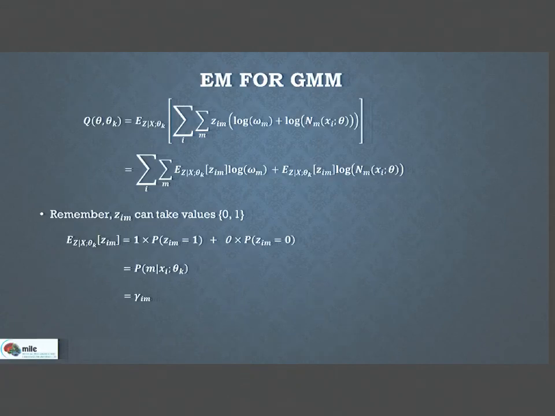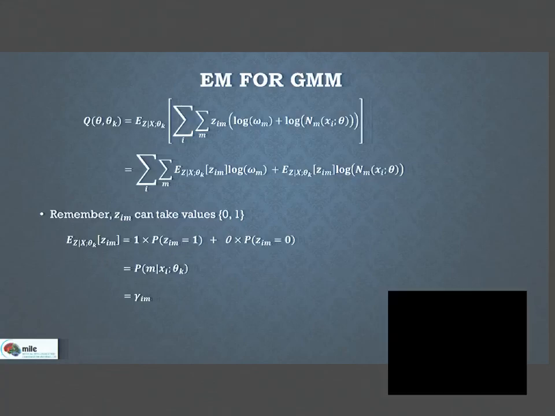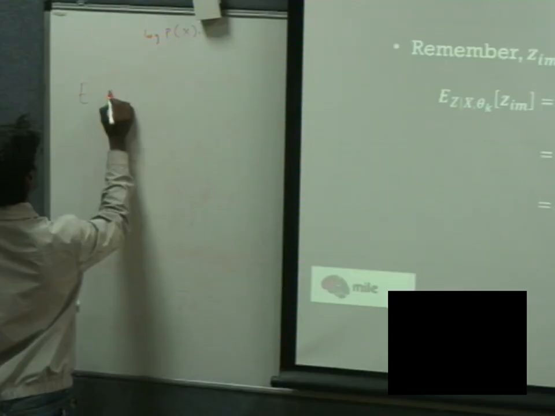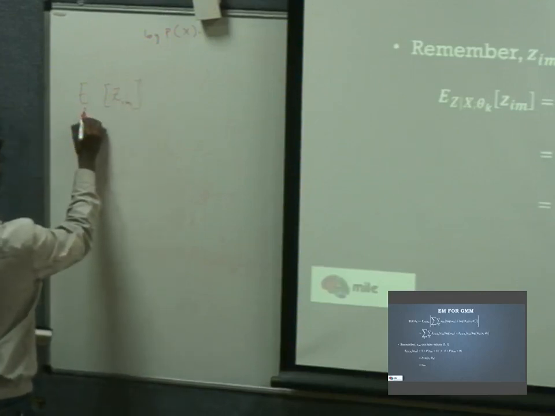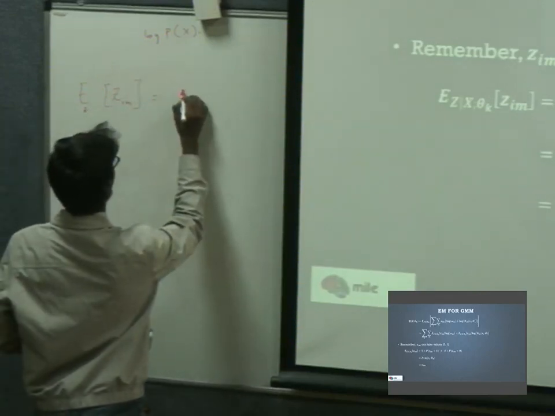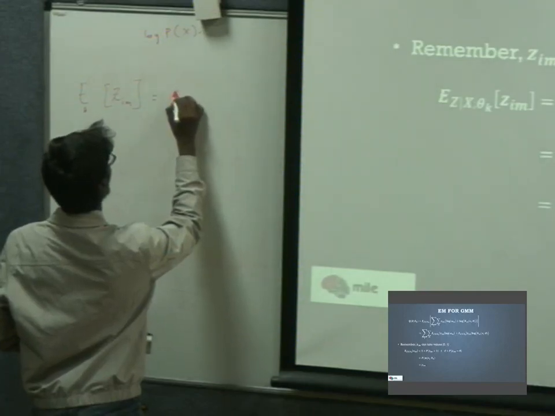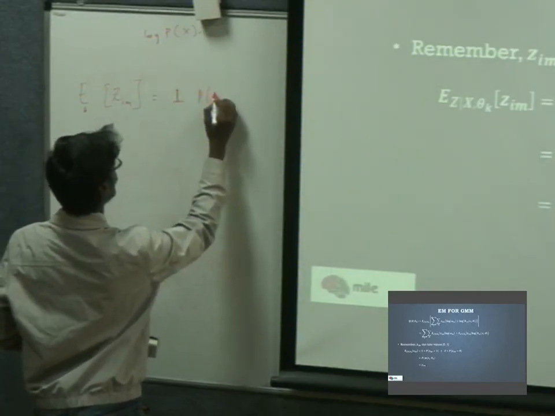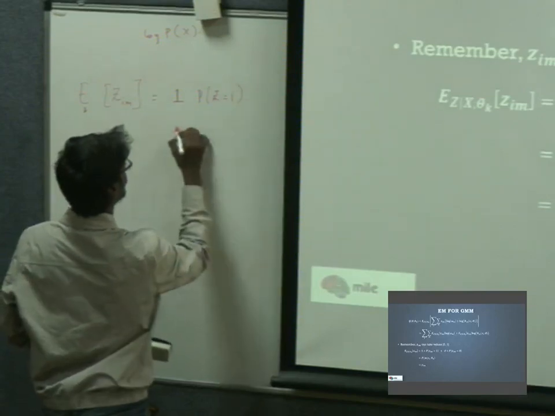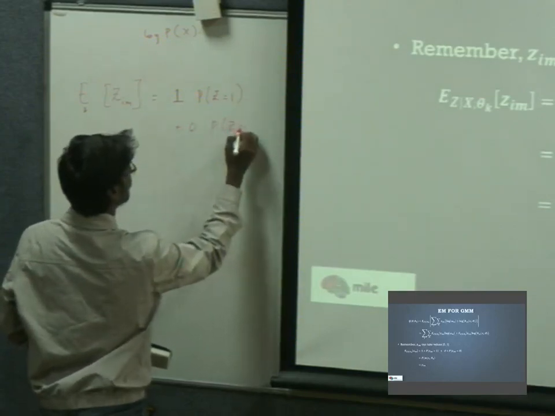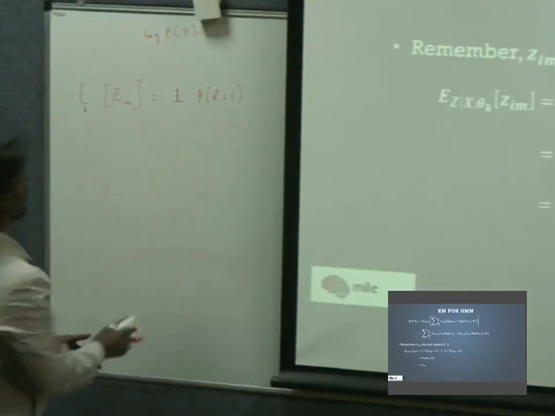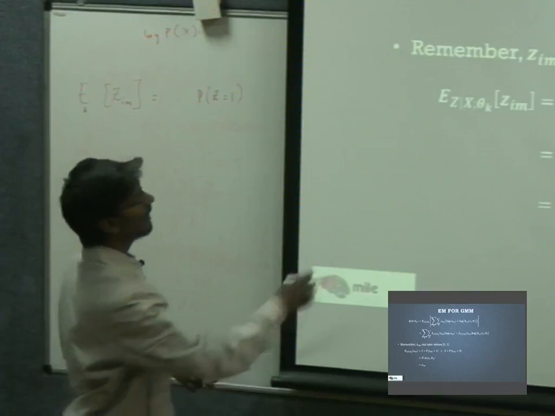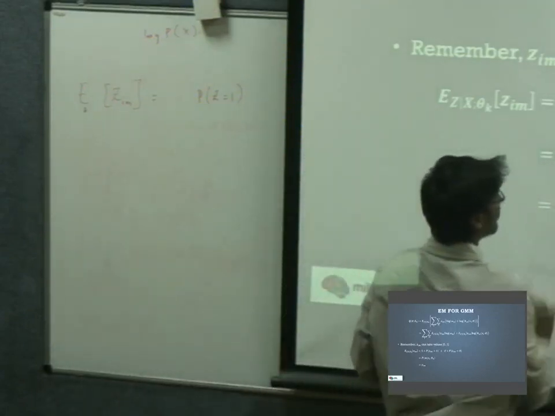So the expectation of z_im with respect to some density function over z is nothing but 1 into the probability of z taking value 1 plus 0 into the probability of z taking value 0. As the second is 0, it vanishes, and the 1 we can remove, and that is what you get here: P of z_im equal to 1.